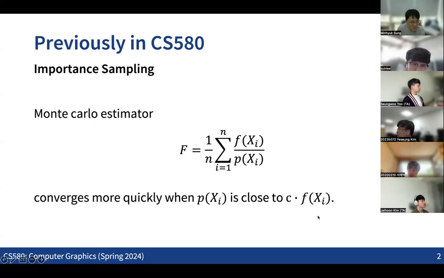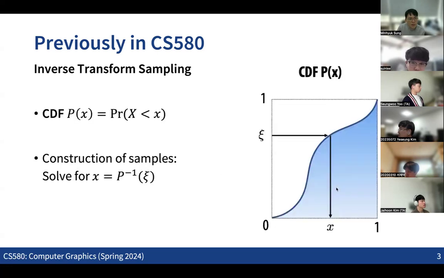So yeah, and once we choose a probability density function, the question is how we can draw the samples based on that probability distribution. The basic idea for that was using the technique called inverse transform sampling. So if we can compute the cumulative distribution function from the probability density function and also take the inverse of the CDF, then we can draw samples from the uniform distribution in the range from 0 to 1 and map each sample into the domain.